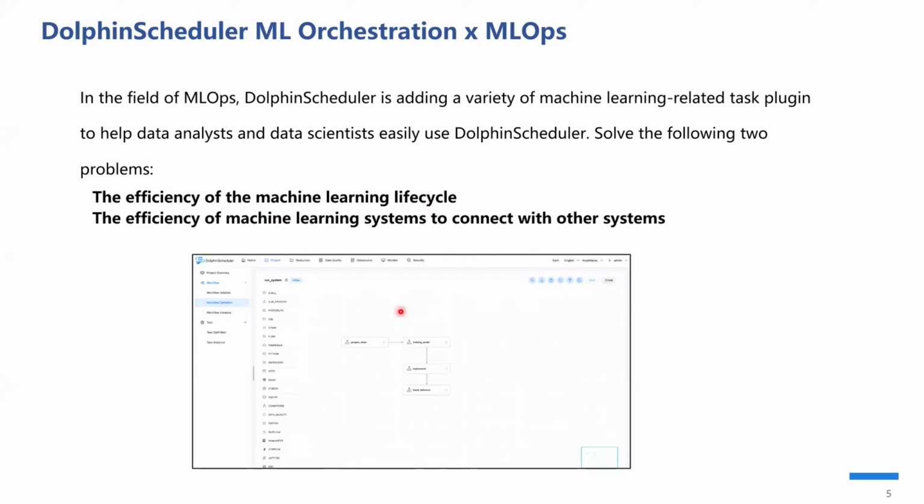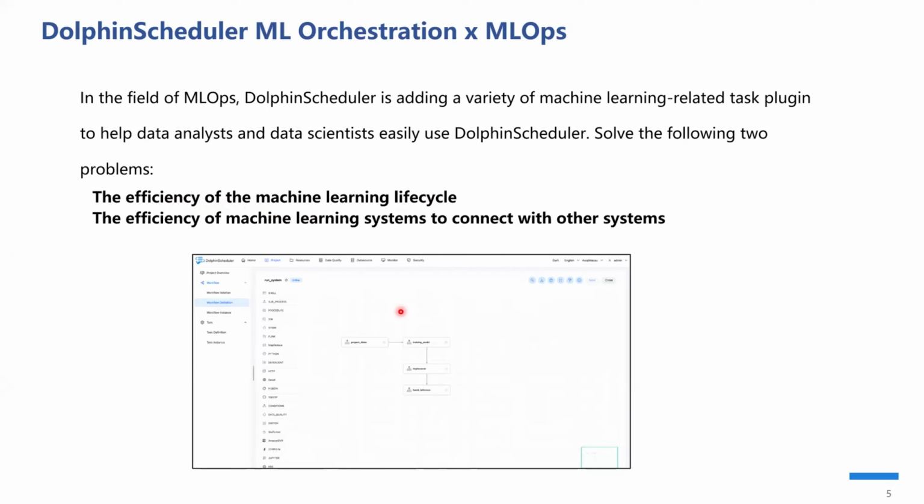cycle. You can add some pre-work, the data processing, and the model training, and also deployment, and finally the quality of machine learning, then retrain, then redeploy.